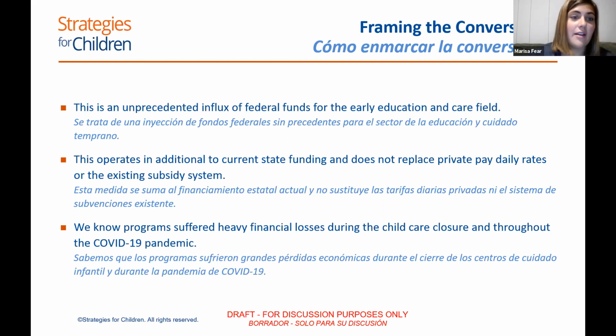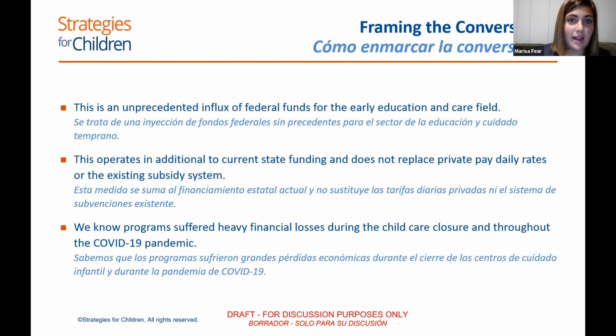So to start, this is an unprecedented influx of federal funds for the early education and care field. And it operates in addition to current state funding and does not replace either the private pay daily rates or the existing subsidy system. We know that programs suffered heavy financial losses during the childcare closure and throughout the COVID-19 pandemic.